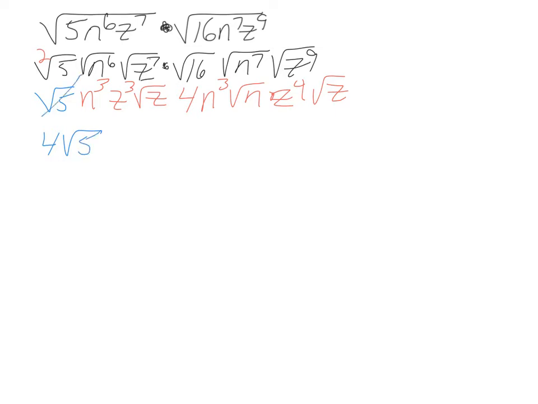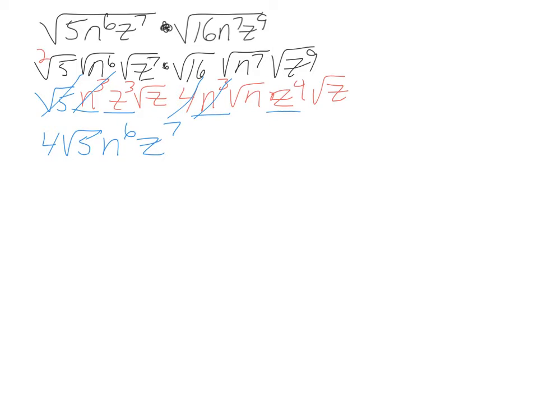So I'm done with those. And let's look at the n's there. I got an n, the ones that are not underneath the radical sign, just the ones outside of it. N to the 3rd times n to the 3rd, because that's multiplication all the way through there. So that's n to the 6th, so I'm done with those. And so I have a couple of z's that are not underneath radicals, so I can put those together. So that'd be z to the 7th.